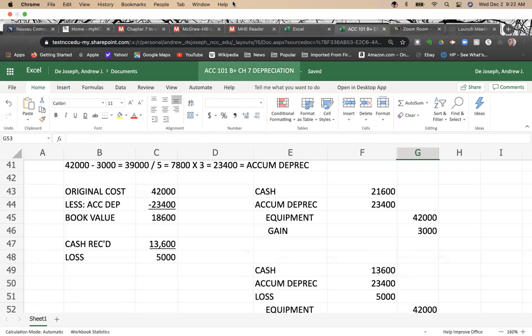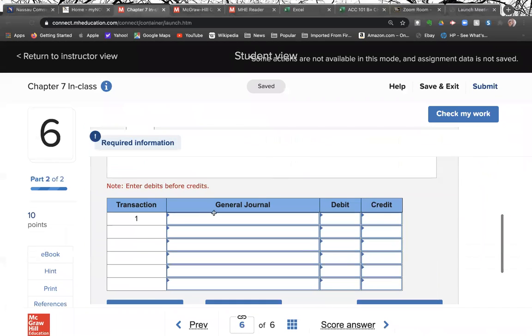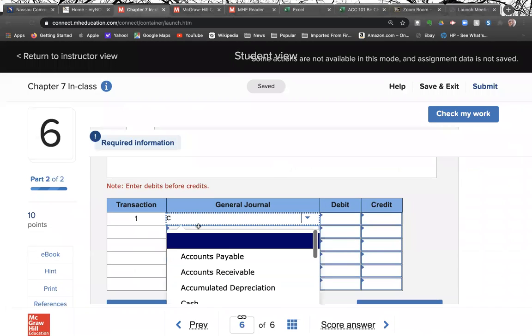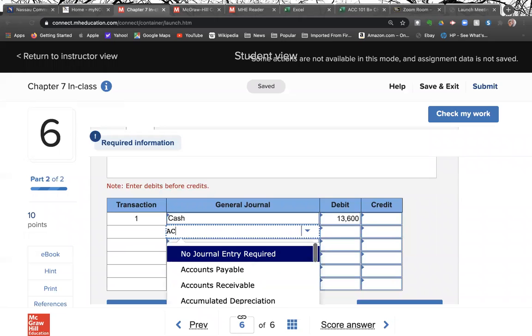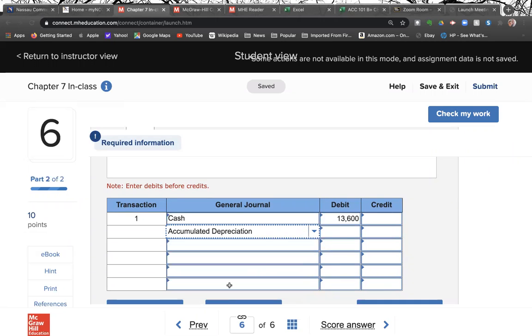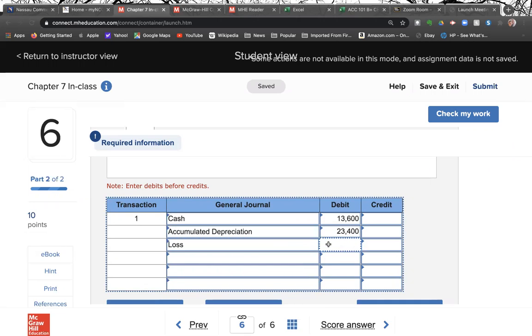All right, so if we go back to the problem, debit cash, 13,600. Debit accumulated depreciation, that was 23,400. Debit loss, 5,000.